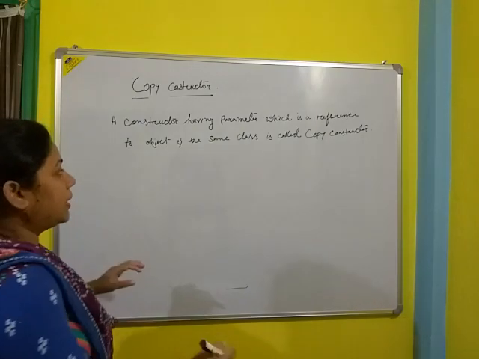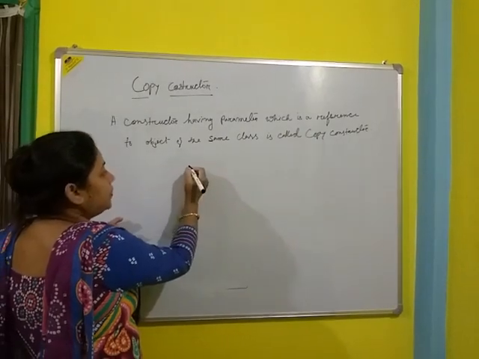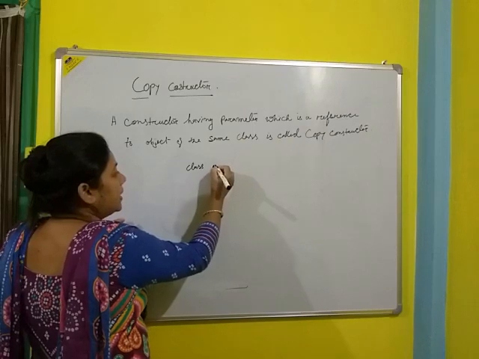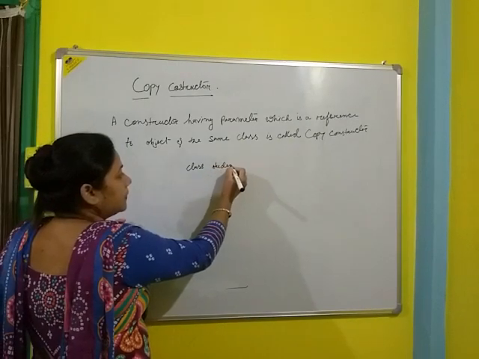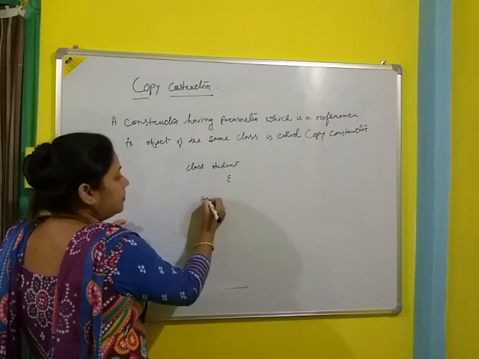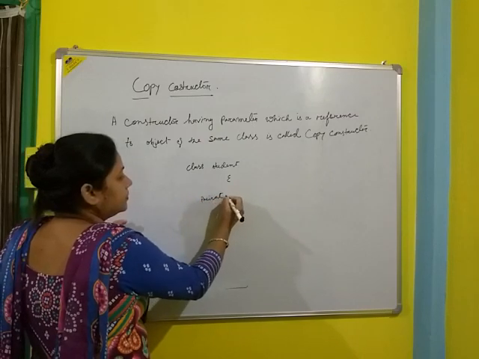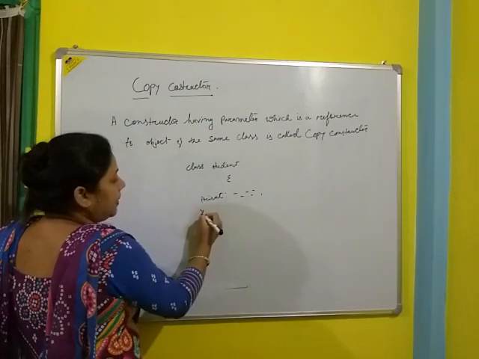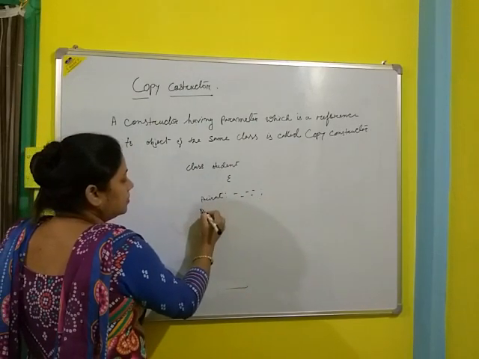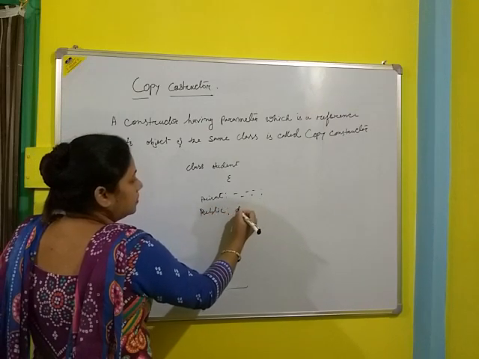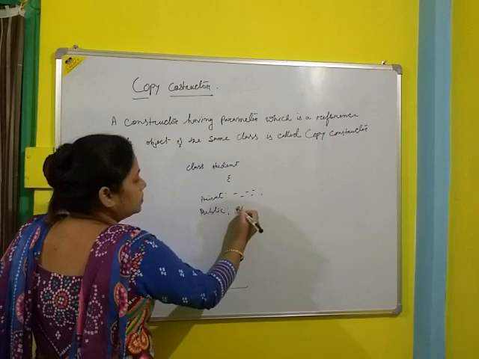For example, look at here. Suppose I am creating a class. Suppose class student begin, private, some data members are here. In the public section, public student.